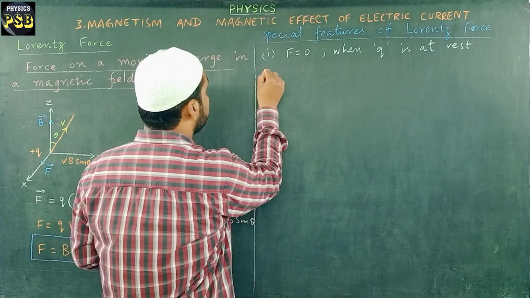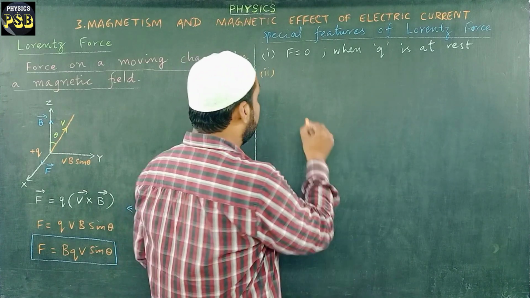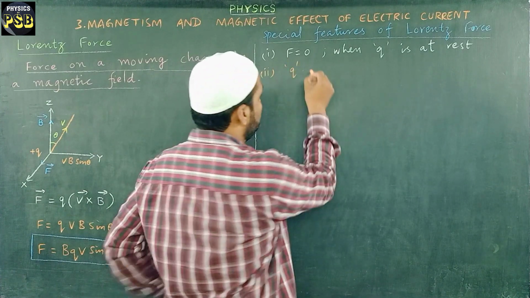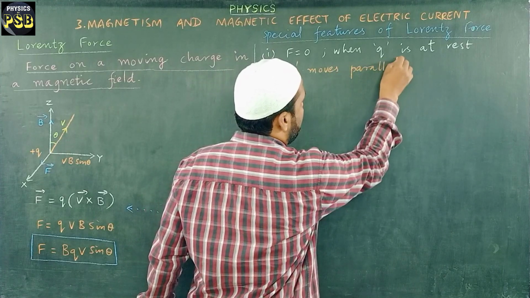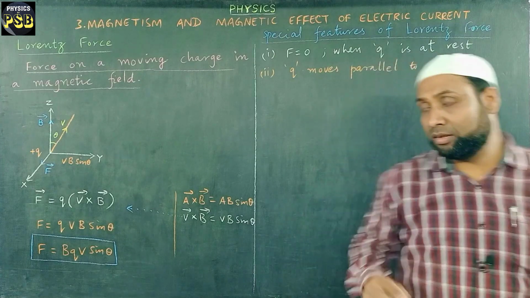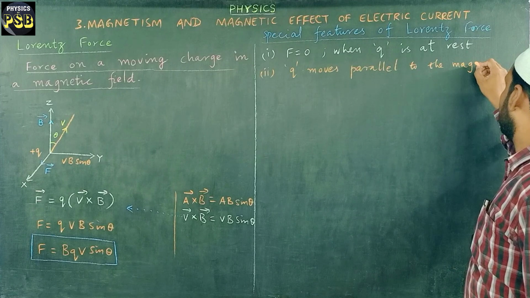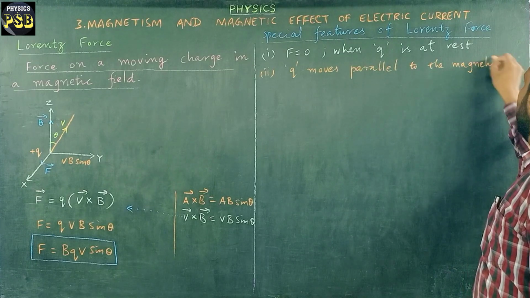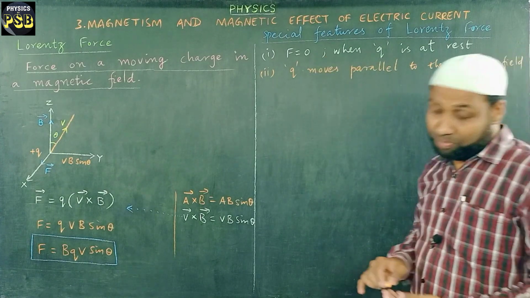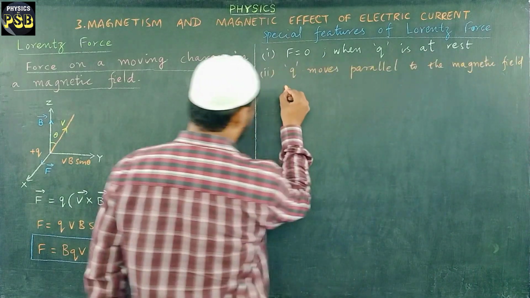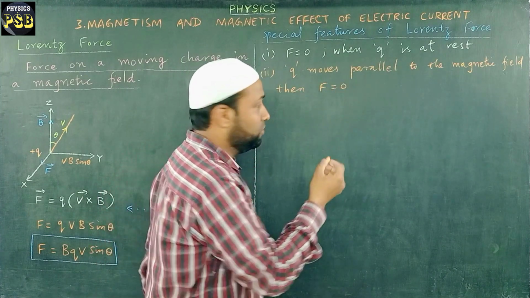Similarly, if the charged particle moves parallel to the magnetic field, then the force will be zero. Then F will be equal to 0.